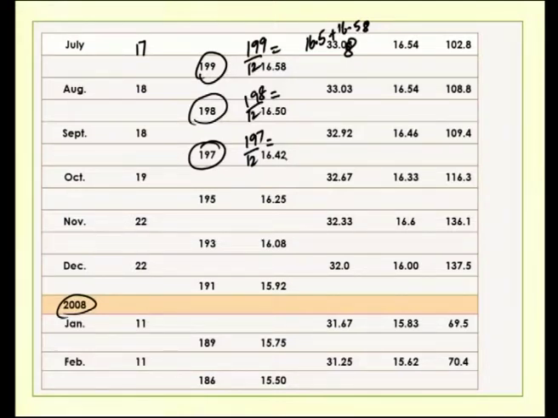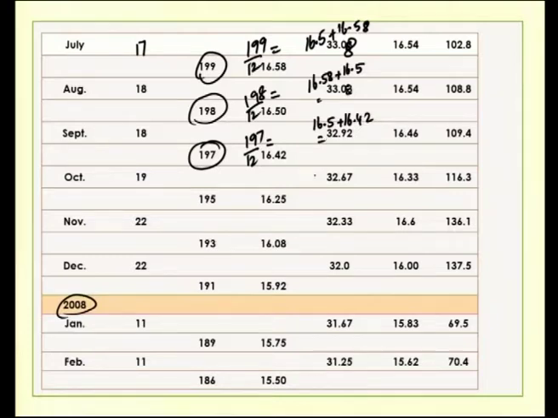Center it in the sense we have to just add 16.58 plus 16.5, which is again 33.08, and then here 16.5 plus 16.42 is 32.92.